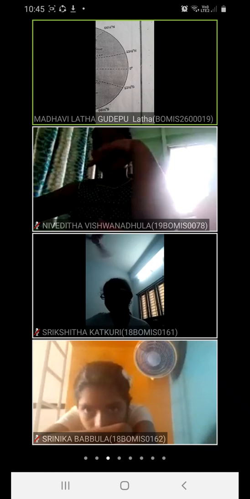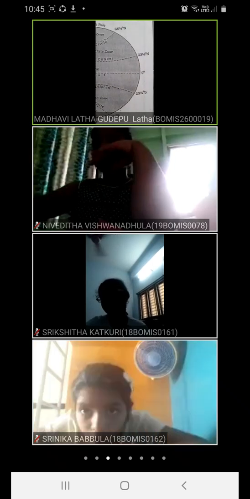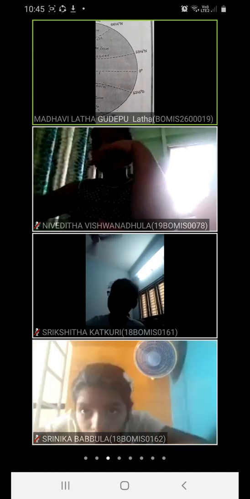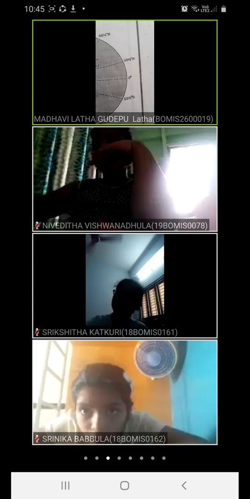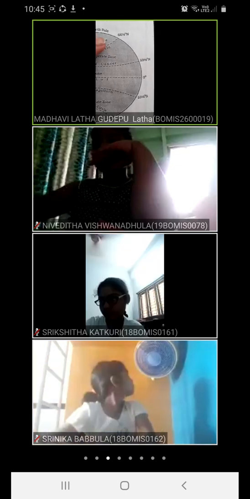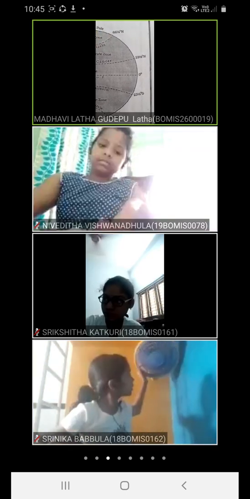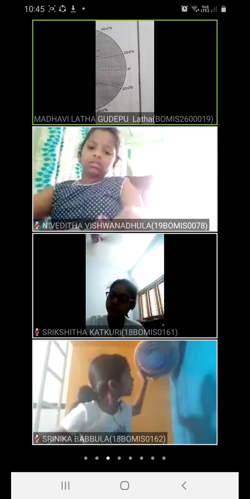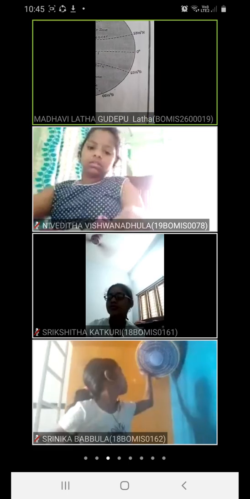Because near to the north pole and south pole there is a less amount of sun rays received. Due to the less amount of the sun rays, these areas are very cool. So due to that these areas are completely covered by the snow.